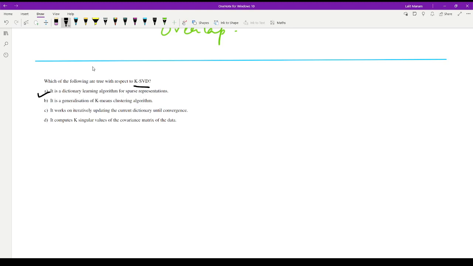So what does k-means clustering do? If you know that there are k different classes that you want to divide the whole data into, then you just try to find the best k centroids of those k classes, such that it represents your given data best, right?